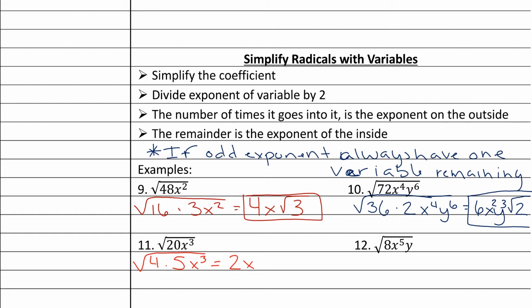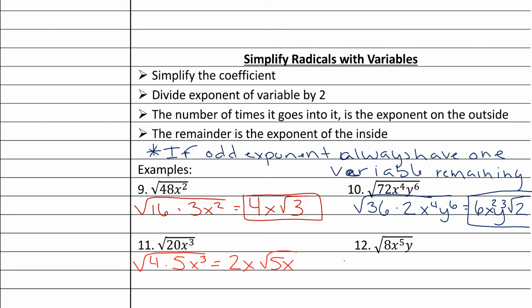So I'm going to have 1 x on the outside. And anytime that you have an odd exponent, you will always have one of that variable remaining on the inside. So we're going to have 5x remaining on the inside. Your remainder is always going to be 1 on the inside if it's odd. Always.